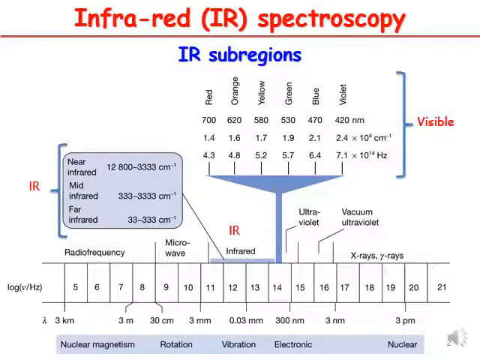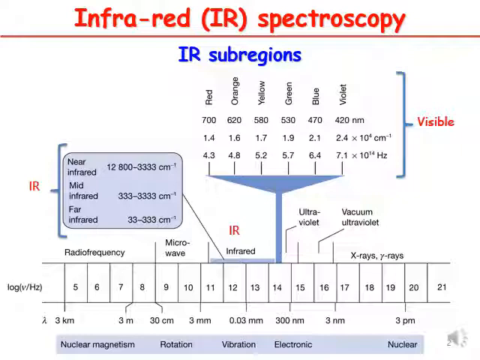Okay, so now we're going to the sub-regions in infrared. In the infrared region, we have three sub-regions: near infrared, mid infrared, and far infrared. All of these have their own range.